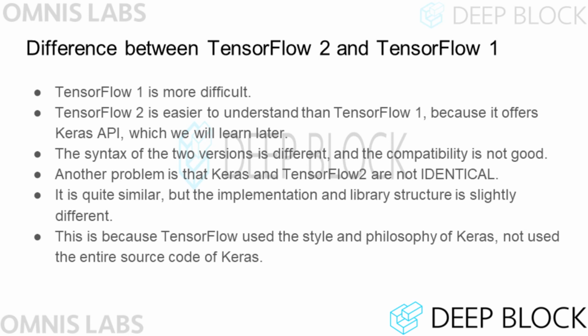And although TensorFlow 2 was built with reference to Keras, it is not quite the same as Keras. This is because the source code of Keras was partially taken and redesigned. Although the usage of TensorFlow 2 itself is almost identical to that of Keras, there are some differences from Keras.